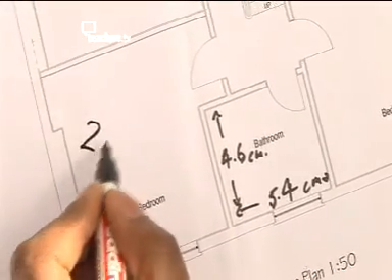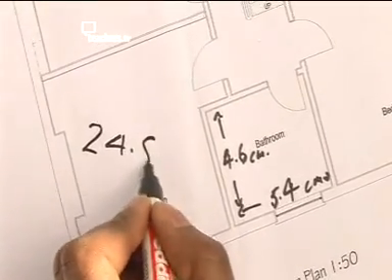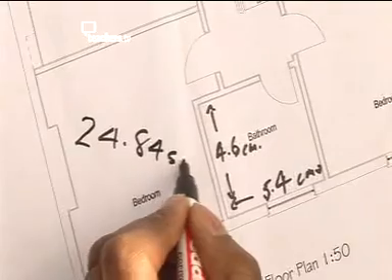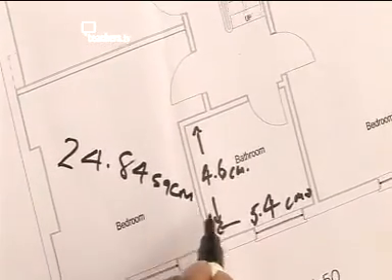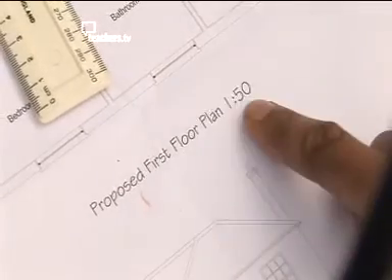That's 24.84 square centimetres. The scale of the plan is 1 to 50. So what is the area of the real room?